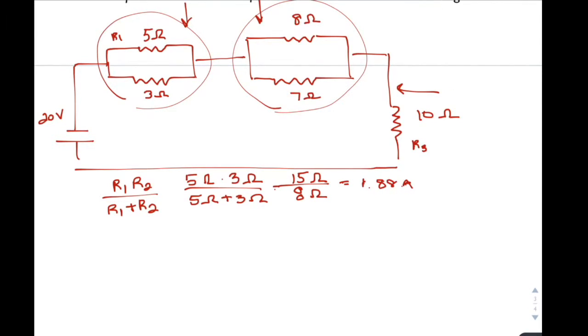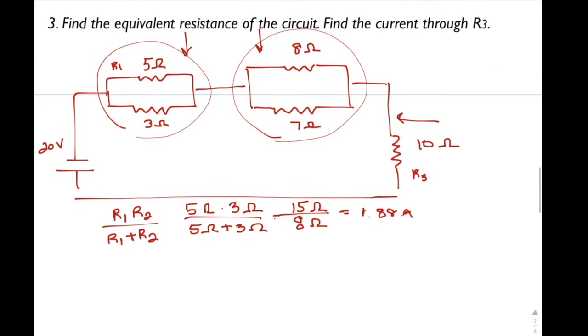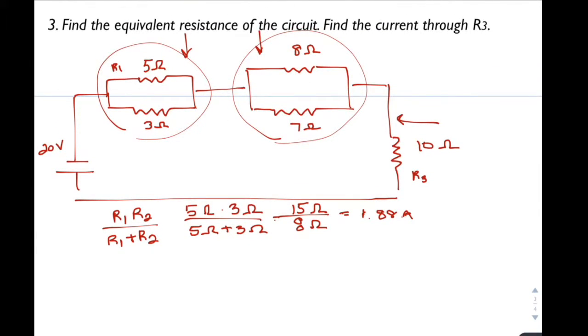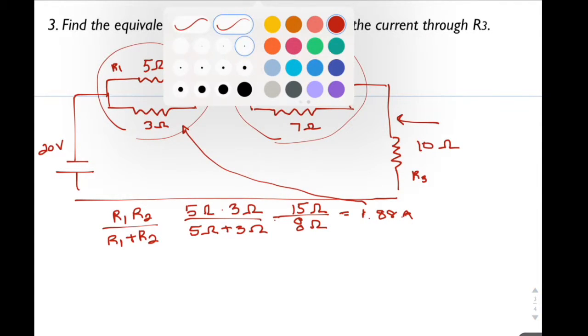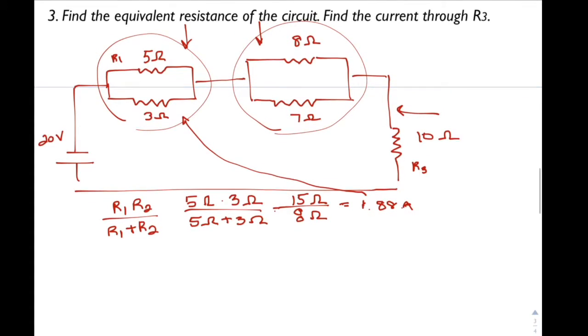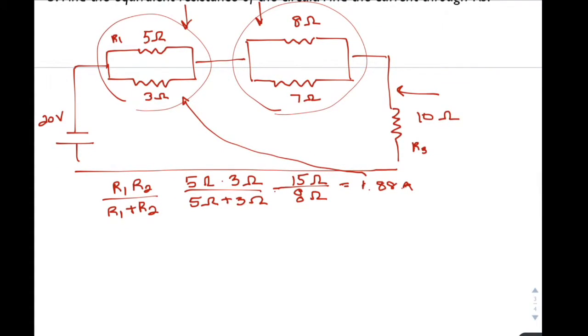So now that I have the equivalent resistance for that, I can essentially just consider this parallel circuit to not exist and rather just include the equivalent resistance here. Now I'm going to solve for the equivalent resistance of the second parallel circuit. That would be 8 ohms times 7 ohms over 8 ohms plus 7 ohms.